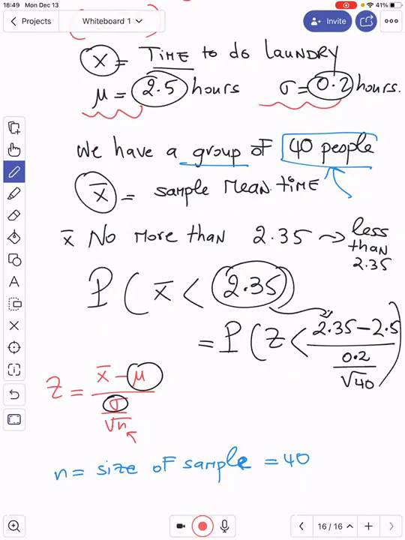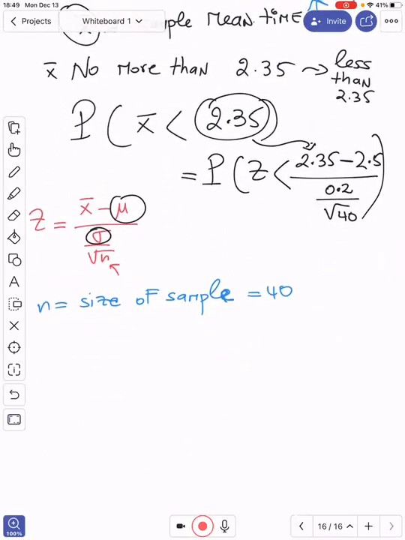My advice for you guys, because it's easy to get confused: when you compute this, it's better to divide first. Compute the 0.2 over square root of 40 first.